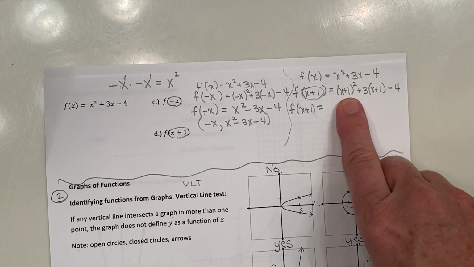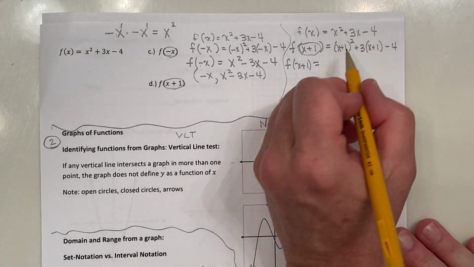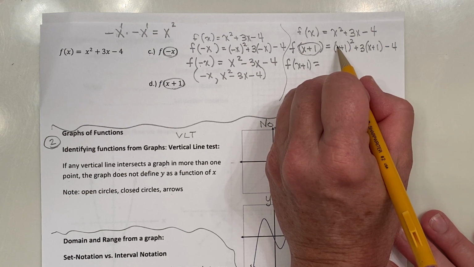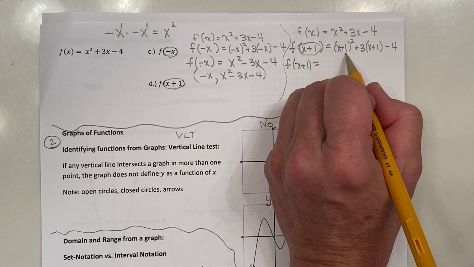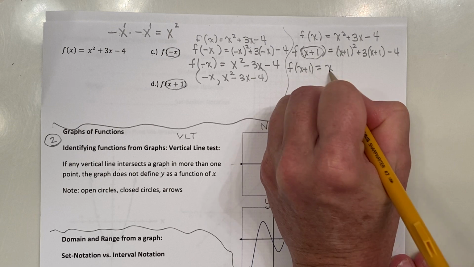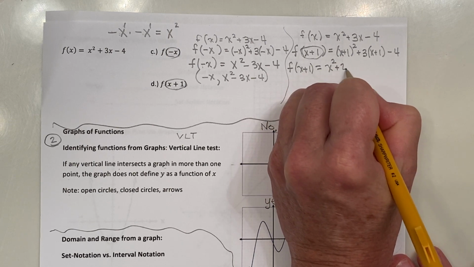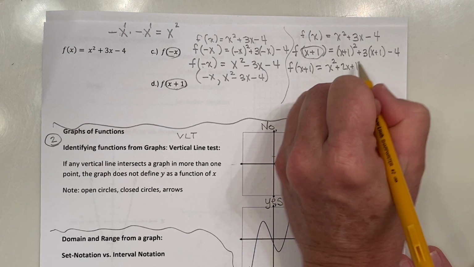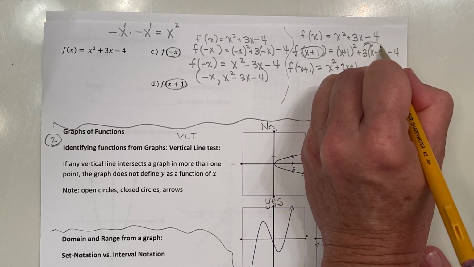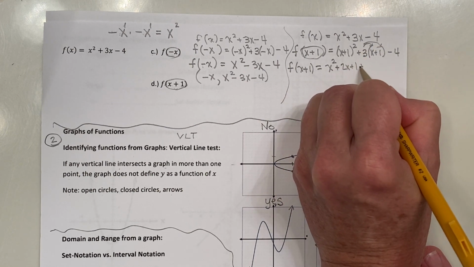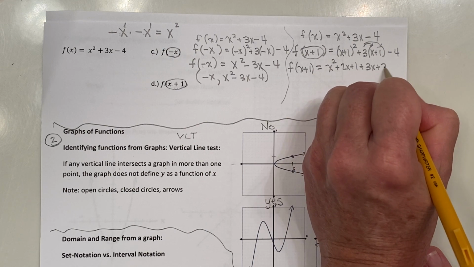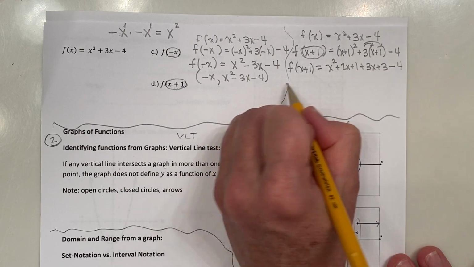As you can see here, now we're going to have to FOIL. So you can go off to the side, expand that, multiply x plus 1 times x plus 1, and I'm going to go ahead and do that quickly. When you FOIL and clean up, you're going to get x squared plus 2x plus 1. Now I'm going to distribute in this next group term, I'm going to distribute the 3, so 3x plus 3, and then -4.